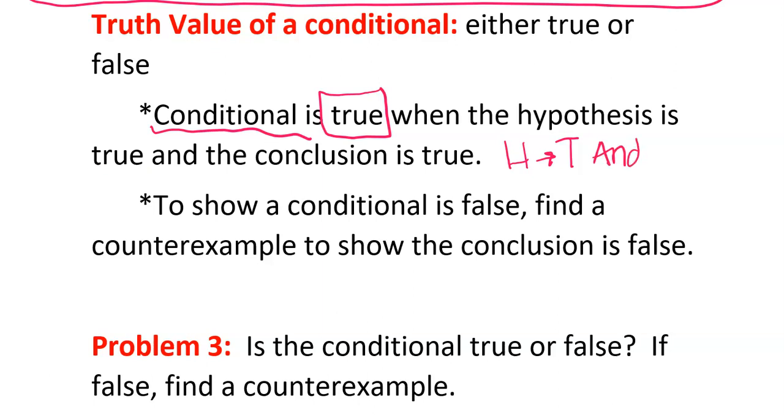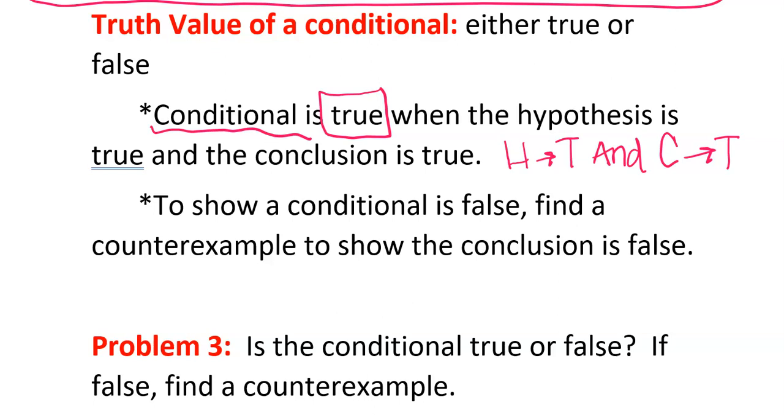So the first part has to be true, the if part. The then part also has to be true. And we'll go through some. It doesn't have to make sense, it just has to be true.